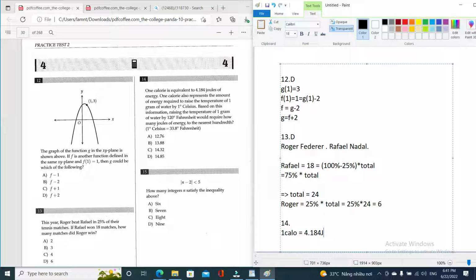Okay, so 1 calorie represents the energy to raise the temperature of 1 gram of water by 1 degree Celsius.